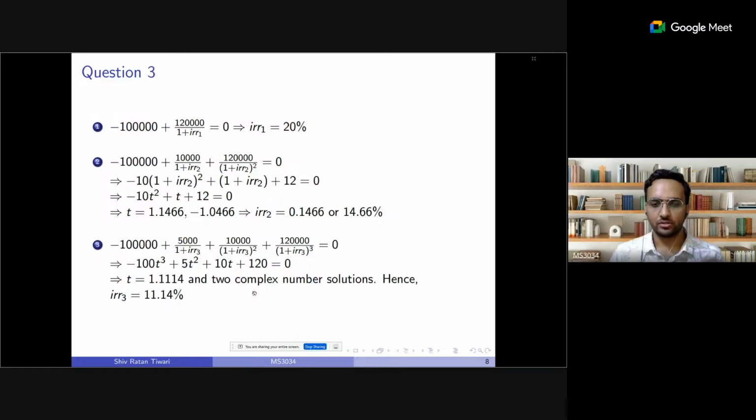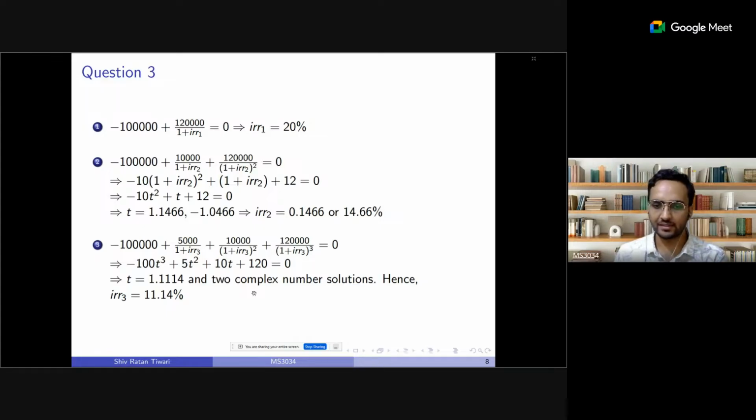In the third case, we can solve this cubic equation nowadays. A lot of online solvers are available, you can use any one of them: put in the values of the coefficients of the cube, square, linear and constant terms, and you will find the solution. In this case, we get one real solution and two complex numbers.